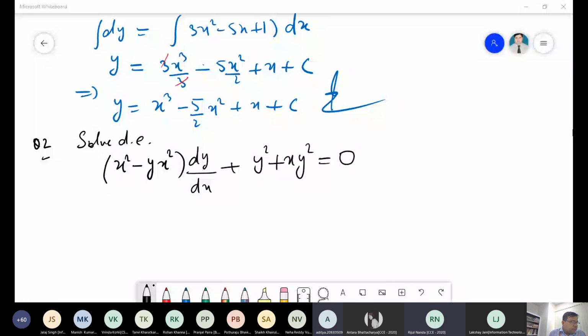So I am having the answer 1 by x plus 1 by y plus log xy equals c. Okay. Column Baker: Sir, I got 1 by x minus 1 by y is equal to log x plus log y plus c. Okay, so I have the answer here.